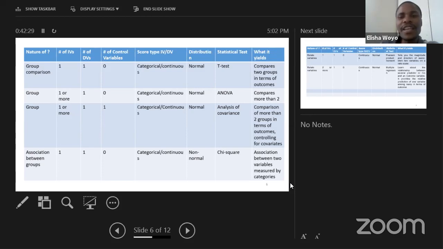Then if the nature of the question is still group comparison, but you have got more than one independent variable and one dependent variable, and you don't have any covariance, and your data is categorical and continuous, and your scores are normally distributed, then you can also use what we call a one-way analysis of variance, where you will be able to compare more than two groups in terms of outcomes.